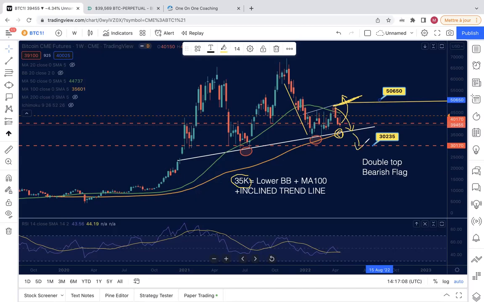The target will be the neckline. So the neckline held several times. It worked well. One time here, here, and recently near here. But as you know, as long as support is tested, hit several times, one day it will not hold.